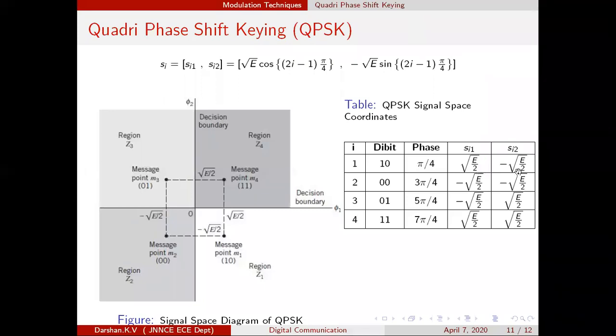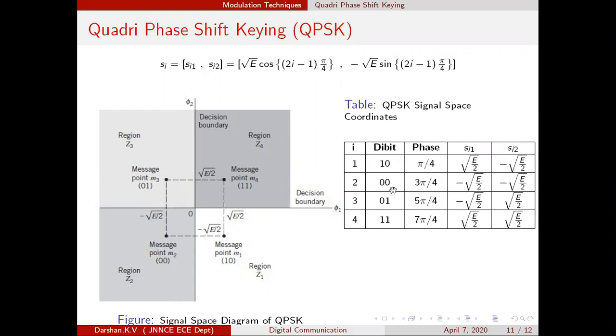In which quadrant is it going to lie? It is going to lie in the fourth quadrant. Therefore, I have written message point M1 as 10. What does 10 represent? This represents the first message 10, or S1, or S1 of t. So these are S1, S2, S3 and S4, or in terms of message points M1, M2, M3 and M4.